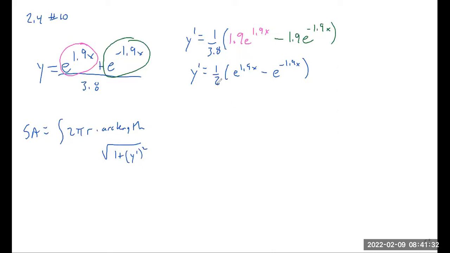All right, so now we need to square that thing, right? Because in the arc length formula, there's the y prime squared. So let's go ahead and square that. So y prime squared is going to equal 1/4.